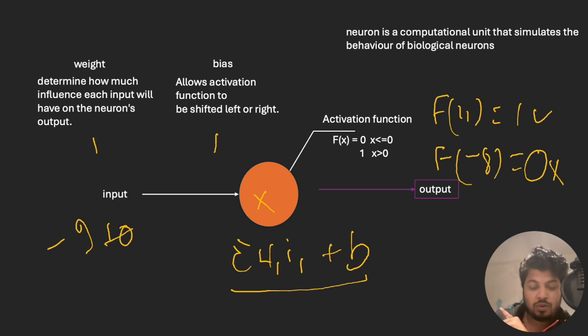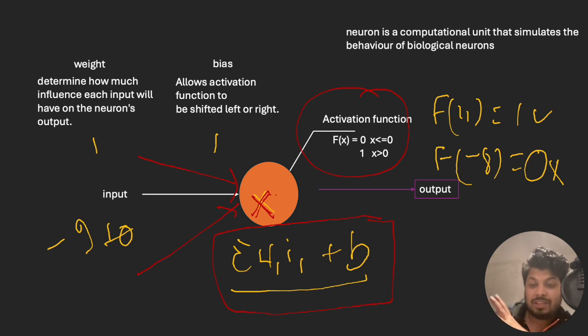Apart from this, we also looked at how we can handle multiple inputs. So once we have multiple inputs into a single neuron, of course, we are going to use this equation here. The idea is that we always calculate the x in here using this equation, and on top of this x, we always apply the activation function to get the output.